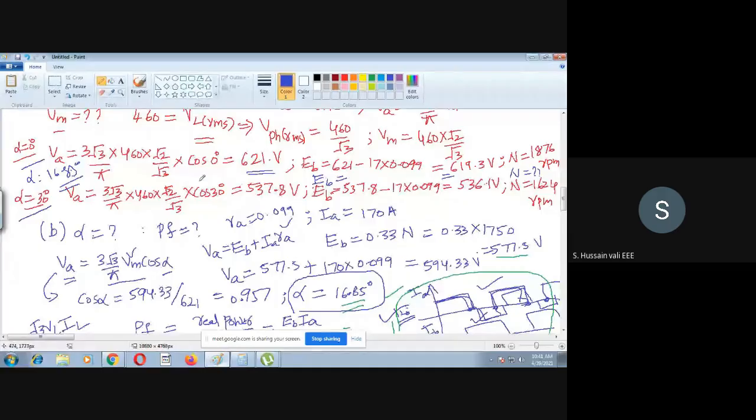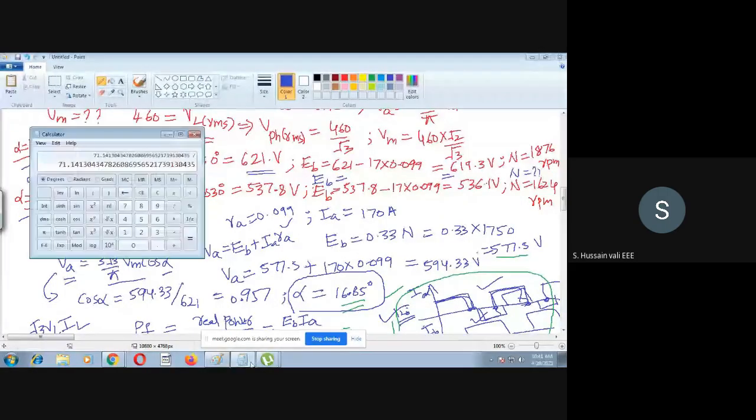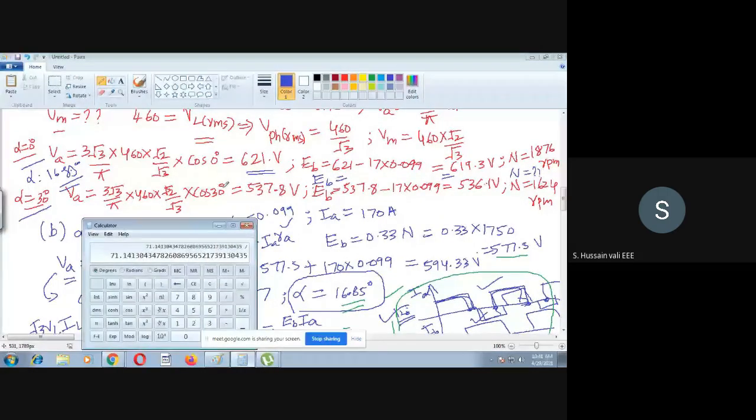For alpha equal to 16.85, first I will find cos of 16.85, which is 0.957.